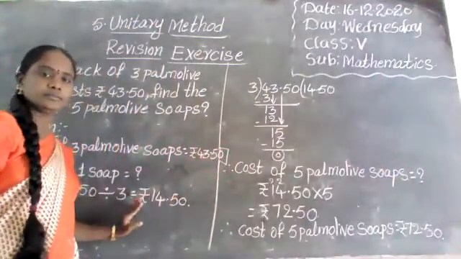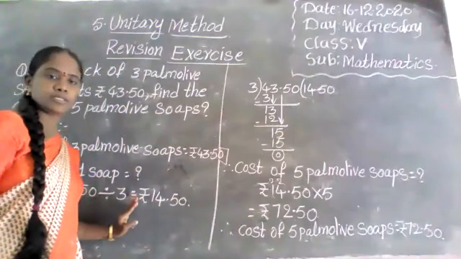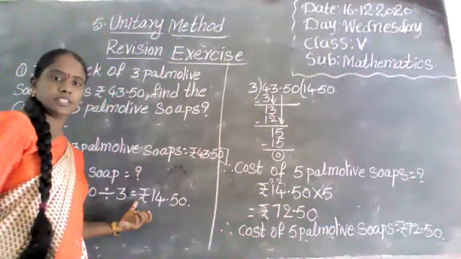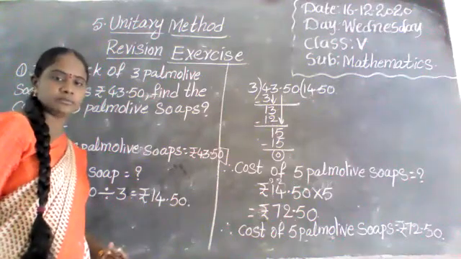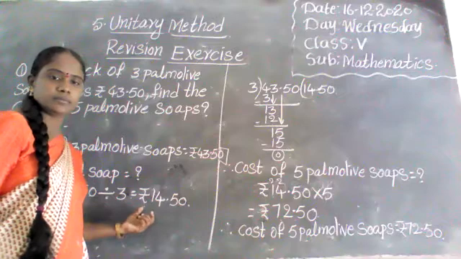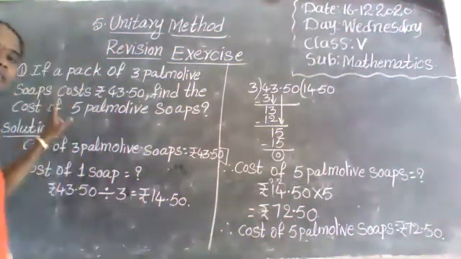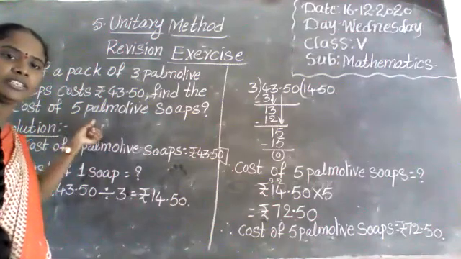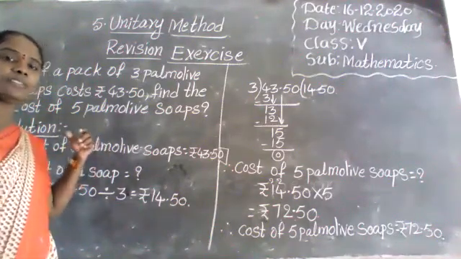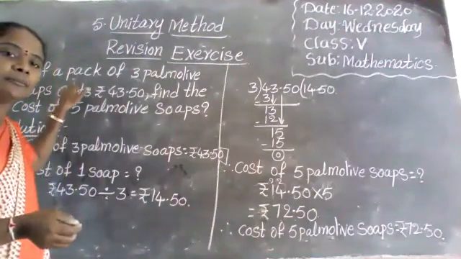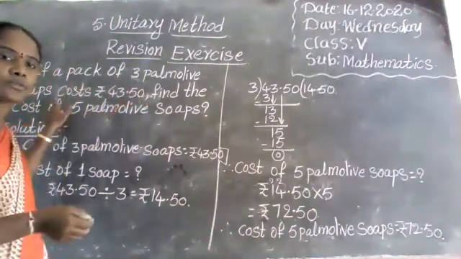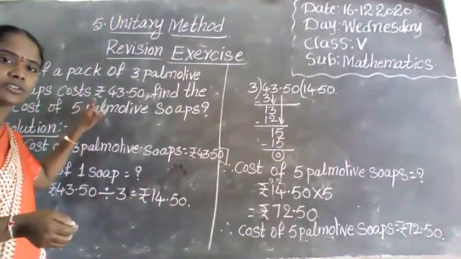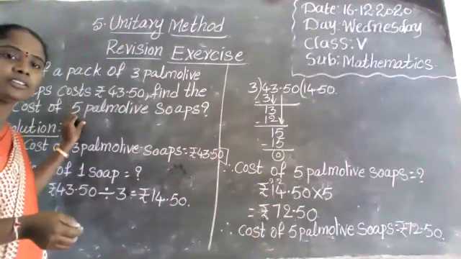Did you understand, children? Unitary method problems. How can we solve unitary method problems? If you have any doubt, raise your hand, children. Once again, I will explain. Read the question first. First, understand the problem: what is given in the question, and what we have to find out. The cost of 3 soaps is given. We have to find the cost of 5 soaps.